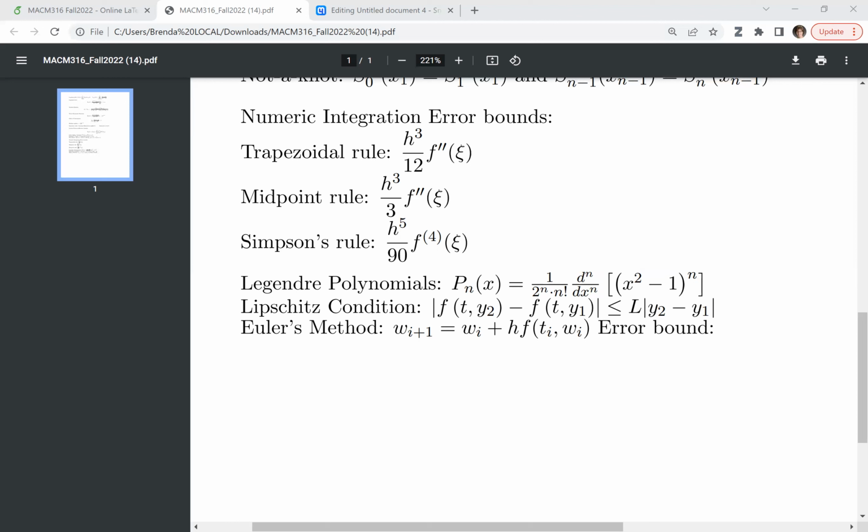And now I'm saying what we've got is a vector equation y prime equals F of t and y. That's how you do it. Let's do an example.